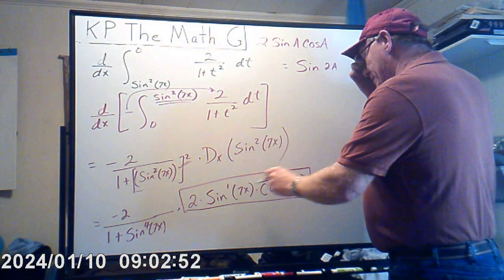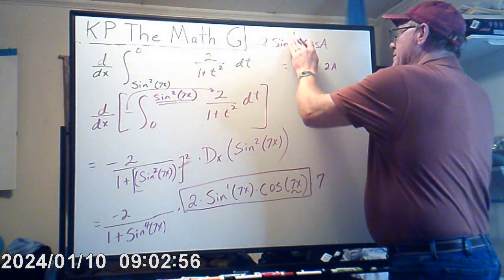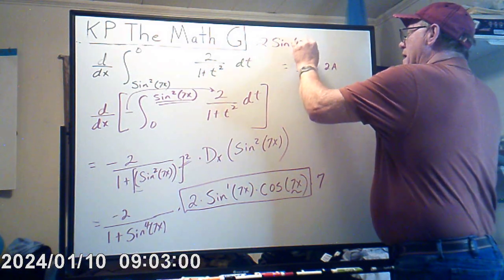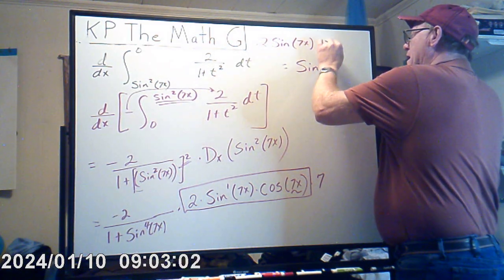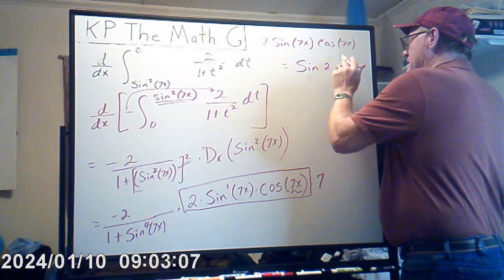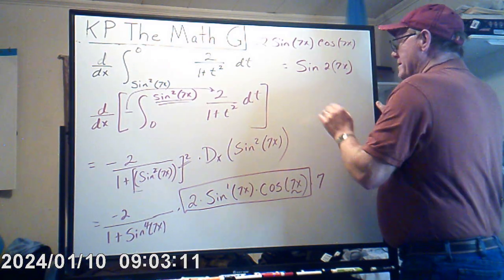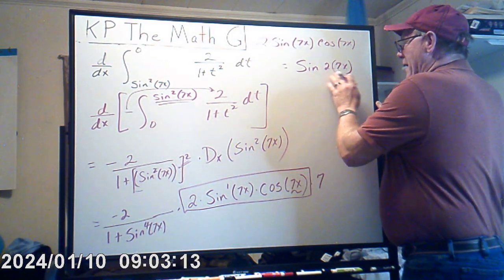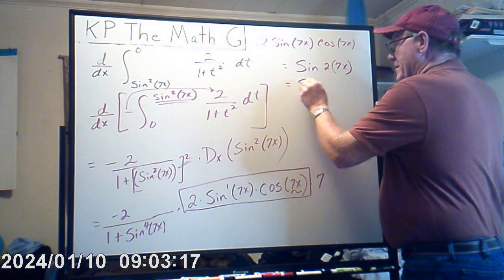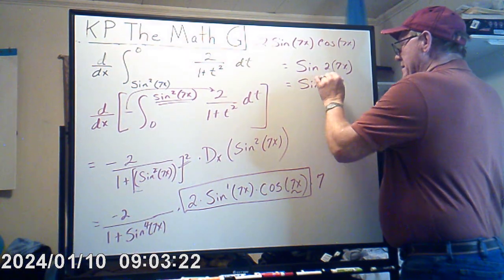Now, since this is 7x, then we can say that 2 sine 7x cosine 7x is sine 2 times 7x. Now, I can multiply these two together. They are all together, so this is equal to sine 14x. Right there.